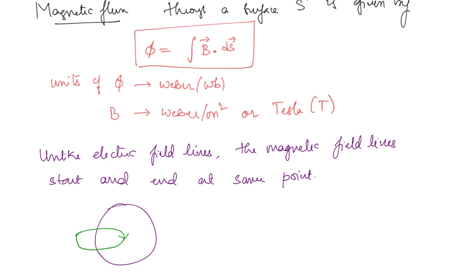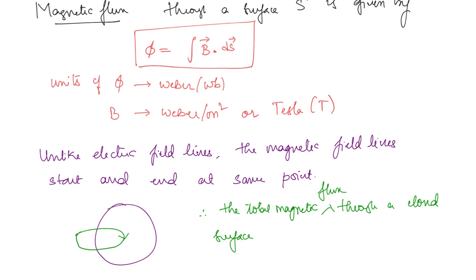So we have therefore the total magnetic flux through a closed surface must be 0.